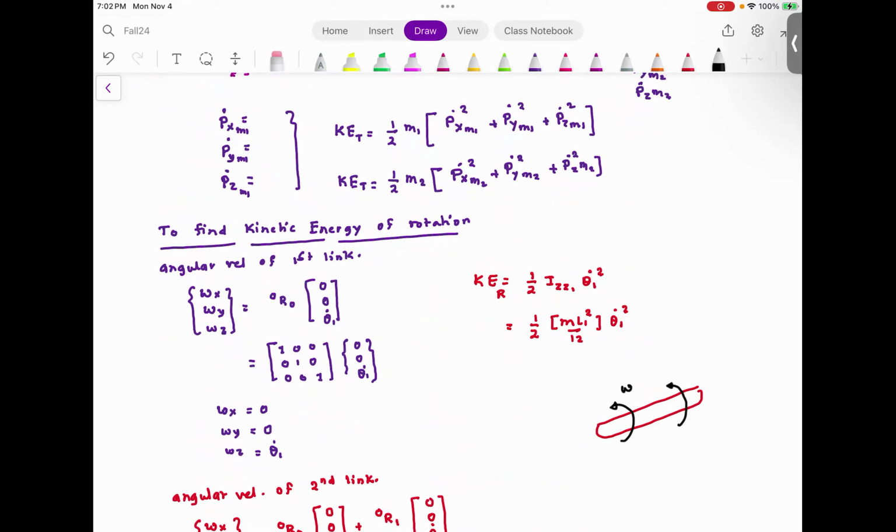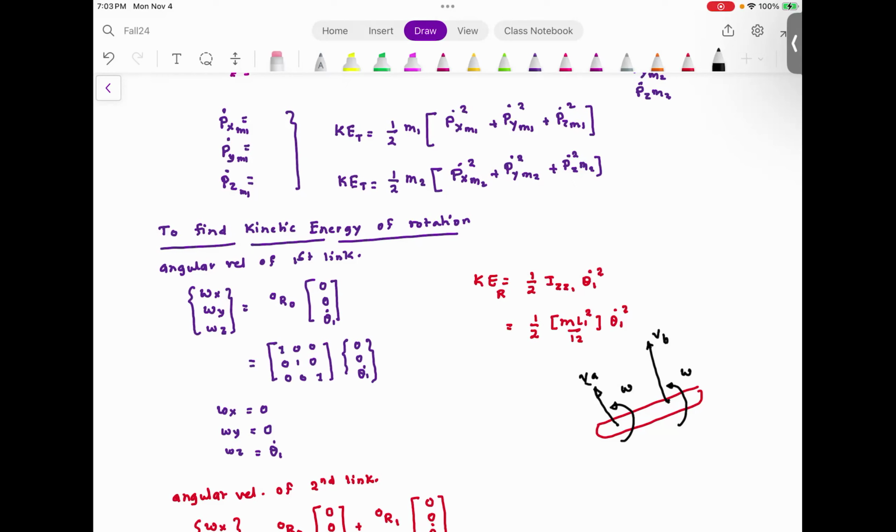If you measure the angular velocity over here, it's going to be omega. But if you measure the translational velocity here, it's going to be VA, and over here it would be VB. Translational velocities are angular velocities multiplied by the radius. Angular velocity of the body anywhere would be the same.